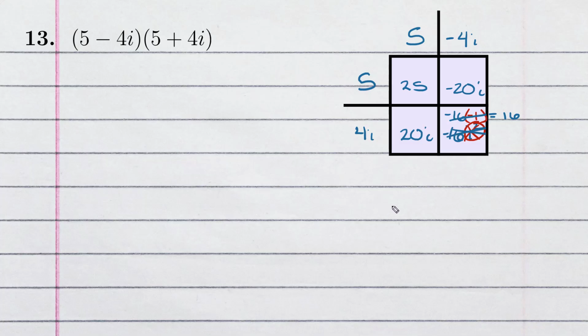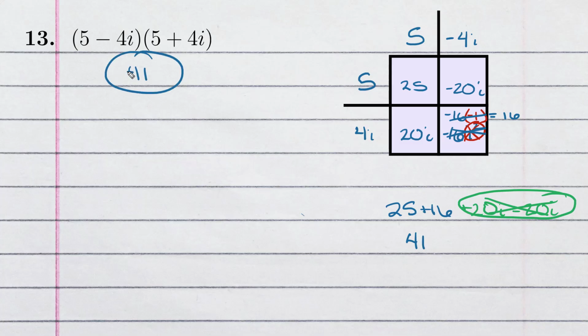So now we add our real parts, 25 plus 16, and we combine our imaginary, a positive 20i minus 20i. Those cancel out, so we know we did it right. And we have 25 plus 16, which is 41. So 41 is our answer.